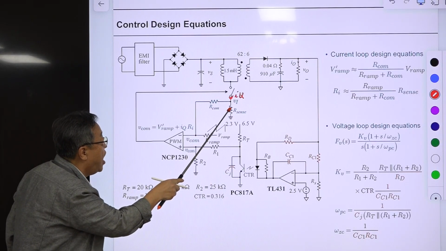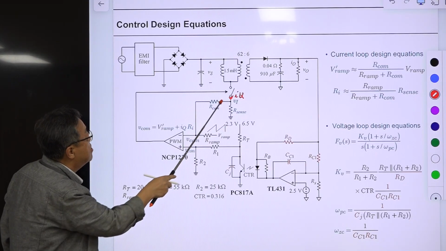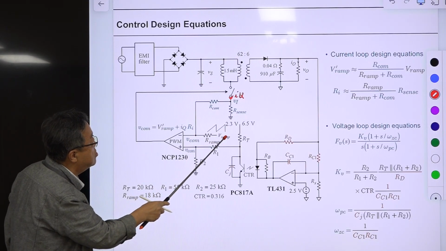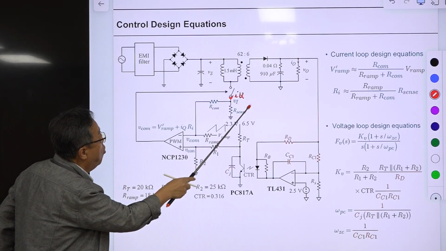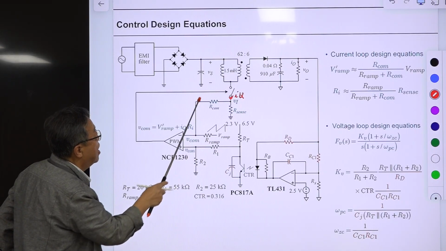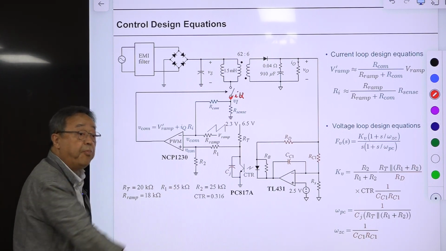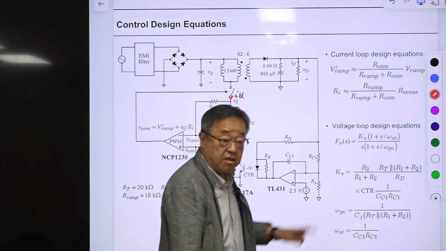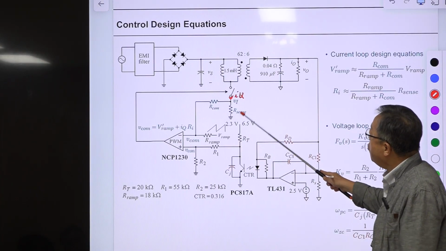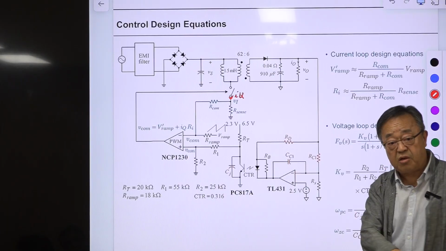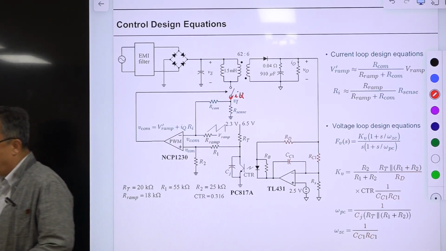Then this is the VI, but this VI is divided by this one and this one because this is grounded. Assume this is 0.1 ohm, and this is the same. Then R_I is 0.1 divided by 2, which is 0.05. There is a 6 dB difference between this value and the actual current sensing network gain R_I, so you should consider this.